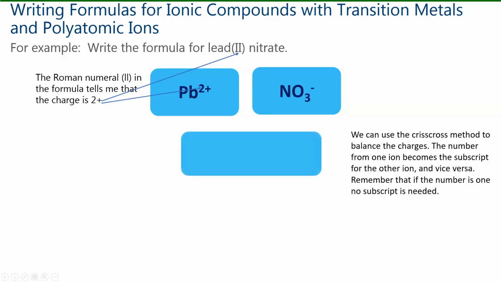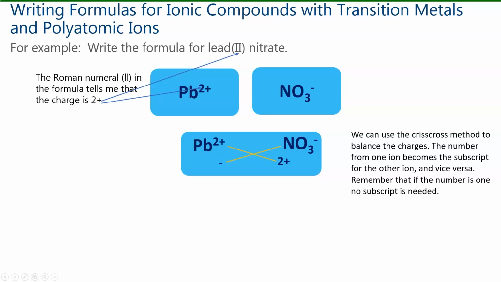We're going to write down our ions again. We have lead with a positive 2 charge and nitrate, NO3, with a negative charge. Next, we'll take the charge on lead, which is positive 2, and write it underneath nitrate. And we'll take the charge on nitrate and write it underneath lead. So we've got the positive 2 going underneath nitrate and the negative 1 charge going underneath lead.